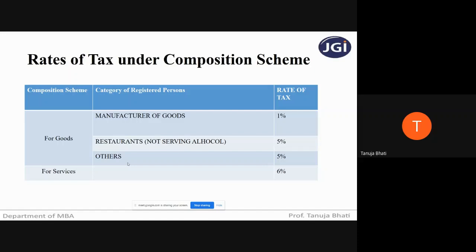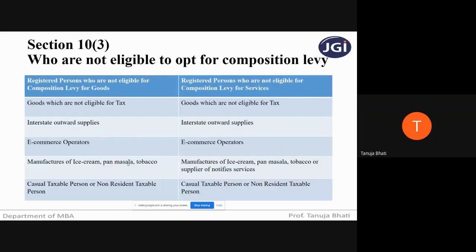So is this clear? Yes, students? Okay, moving ahead. Who are not eligible to opt for composition scheme? Who are those persons who are not eligible to opt for composition scheme even if their turnover is below the prescribed limit?